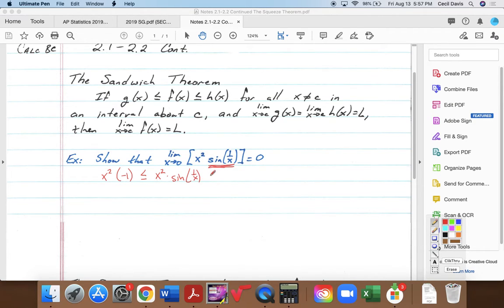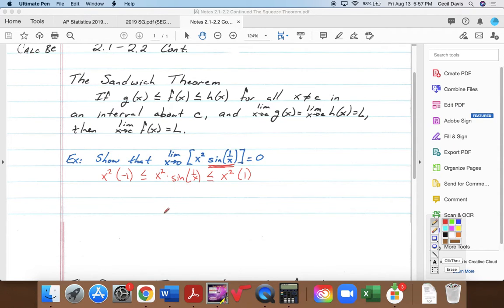And because the largest value that sine of anything can be is +1, I'm going to say that's going to be less than or equal to x squared times 1. So your first step here is to set up your function as the inner part of the sandwich.